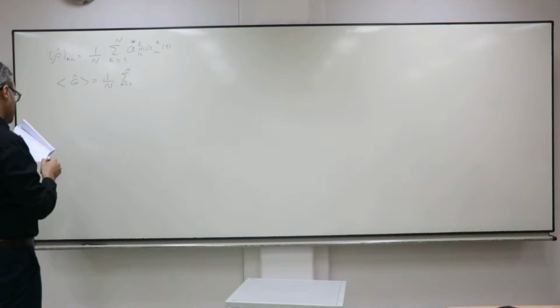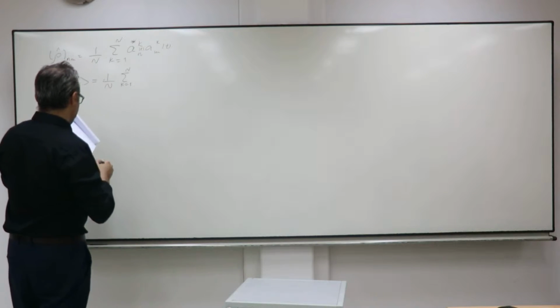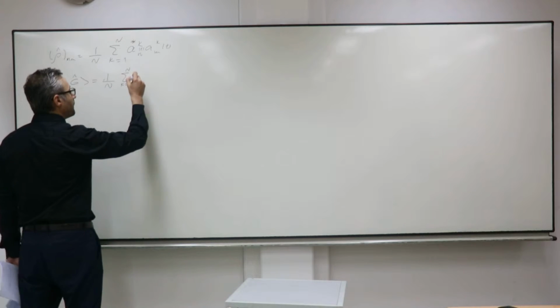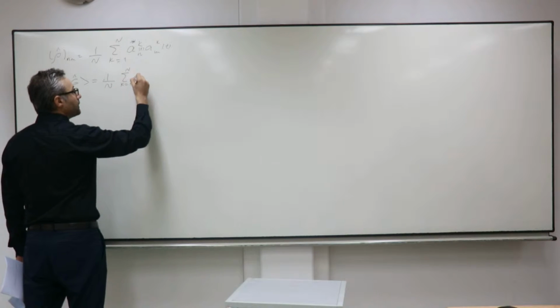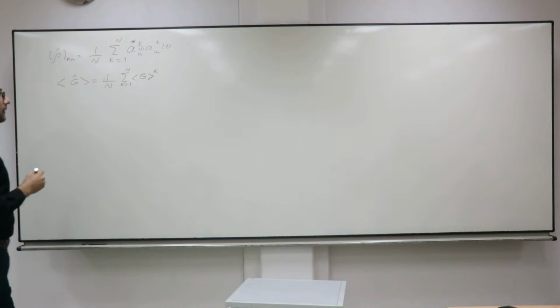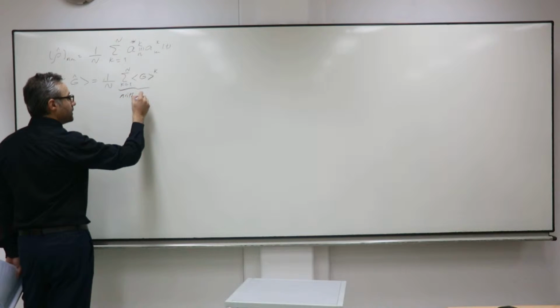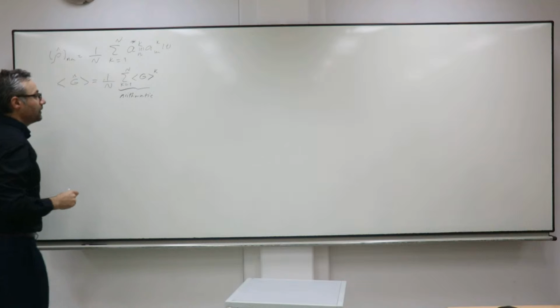We needed to write the average of this operator in each element of the ensemble, like that. This is a normal averaging, the arithmetic averaging.